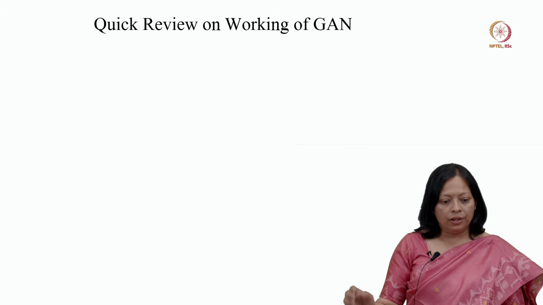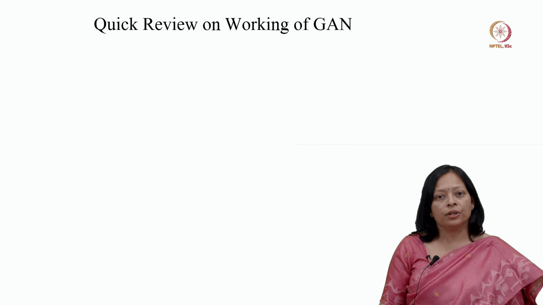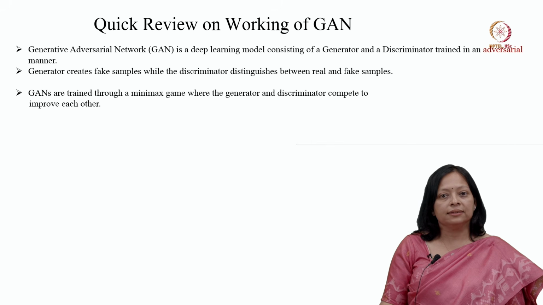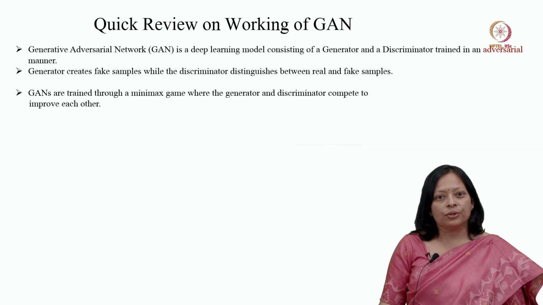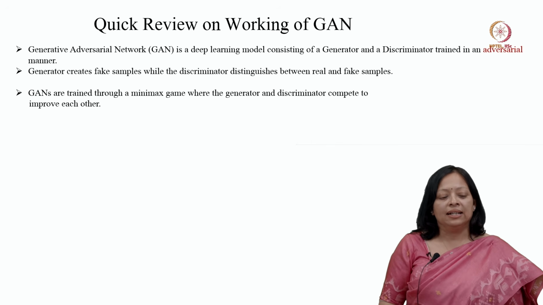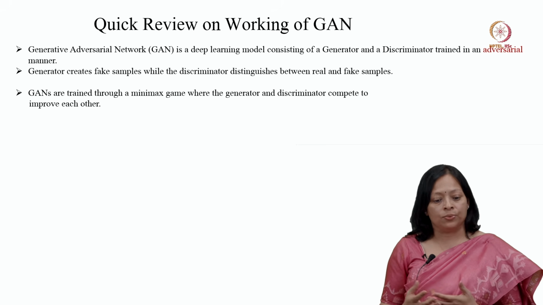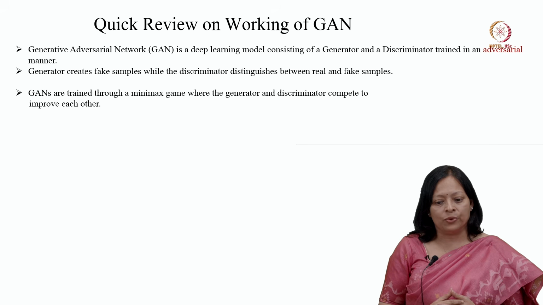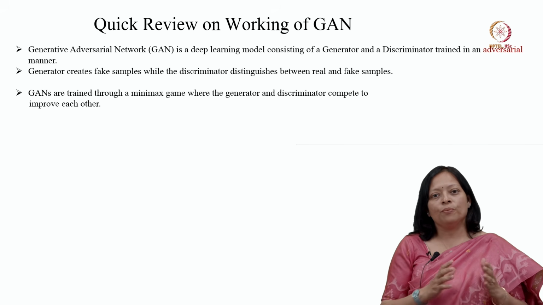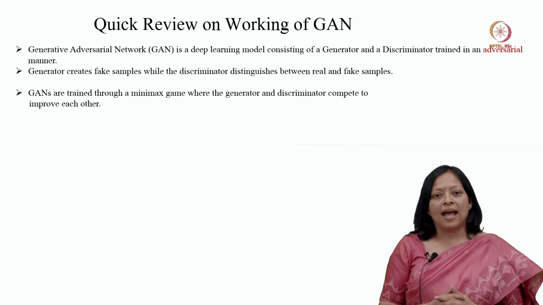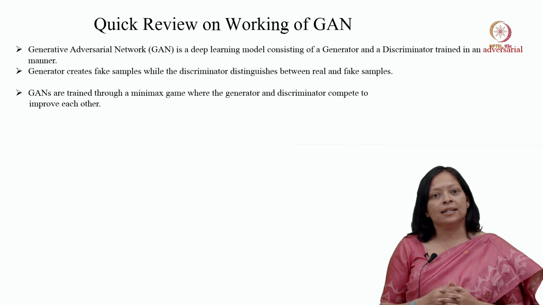So, we will start with a quick review on the working of GAN. So, what exactly are GANs? GANs, as we all know, are Generative Adversarial Networks, which is a deep learning framework, and it consists of two main components, the generator and the discriminator, and they are trained in an adversarial manner.